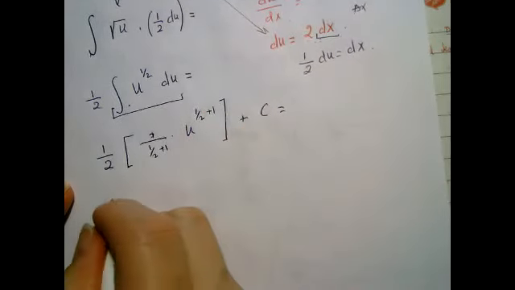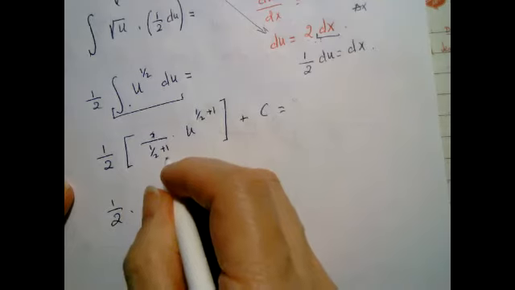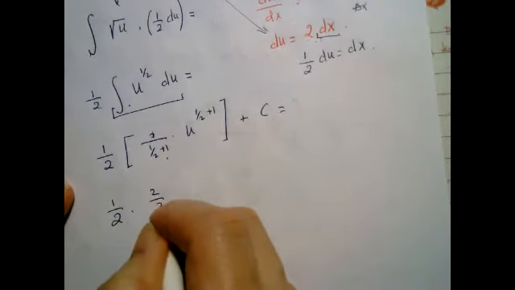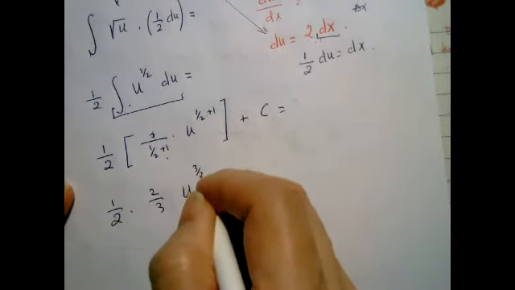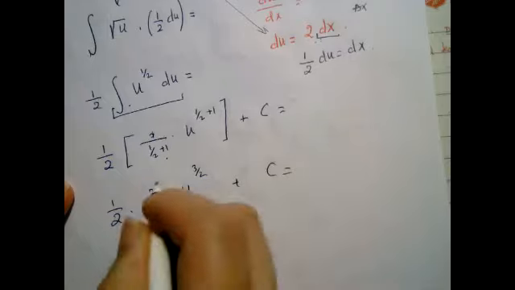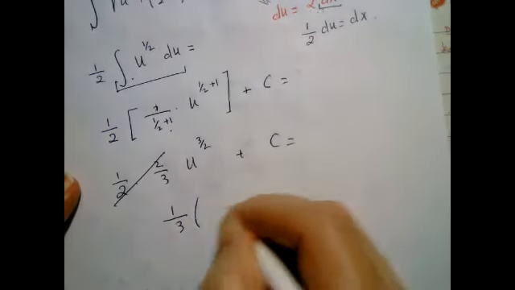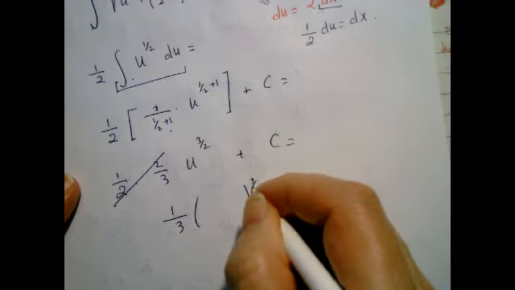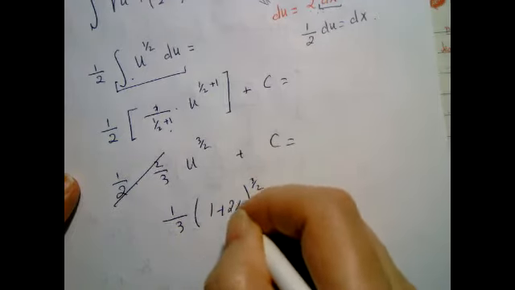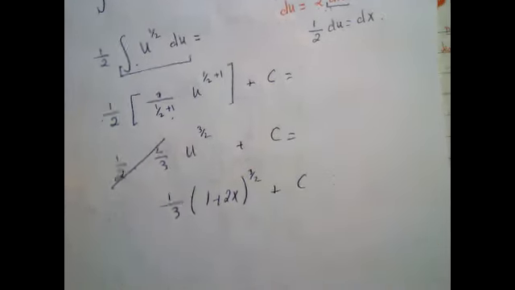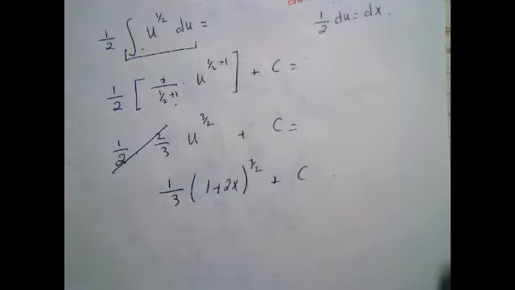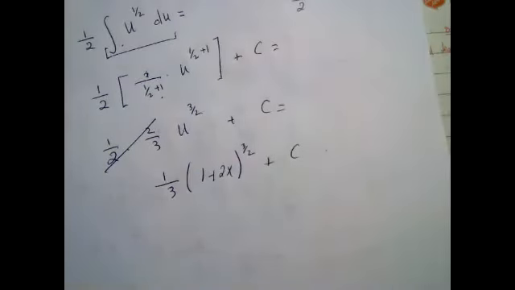So finally, I will get a half, a half plus 1 is 3/2, 2/3, u to the power 3/2 plus c. Now those two simplify. I will have 1/3 u, which is 1 plus 2x to the power 3/2, plus c. So anybody who got that answer, you are on the right track.